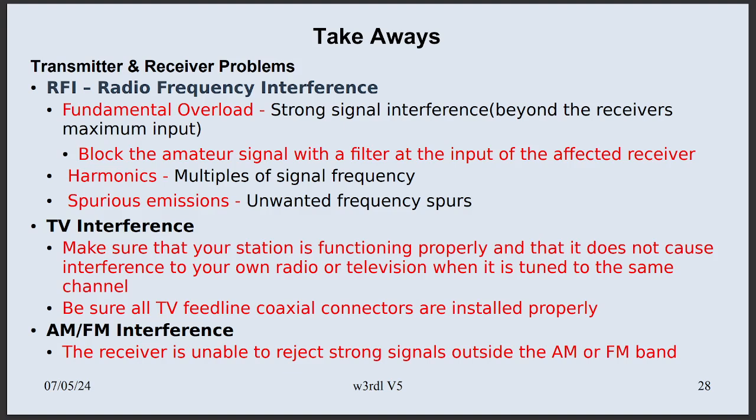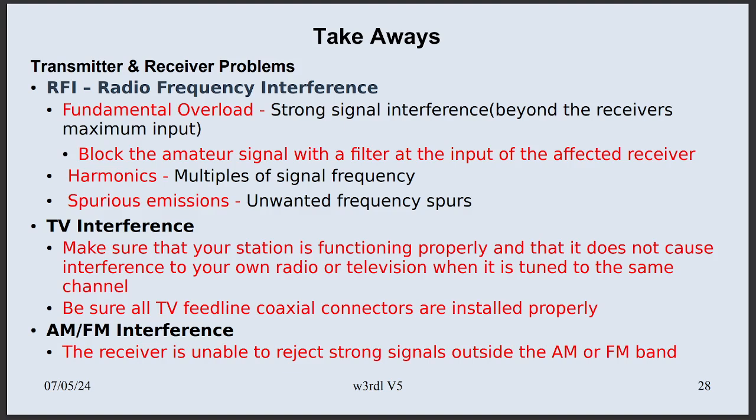Harmonics: multiples of signal frequencies. Spurious emissions: unwanted frequency spurs. Or the Bofang effect, TV interference. Make sure that your station is functioning properly and that it does not cause interference to your own radio or television when it is tuned to the same channel.